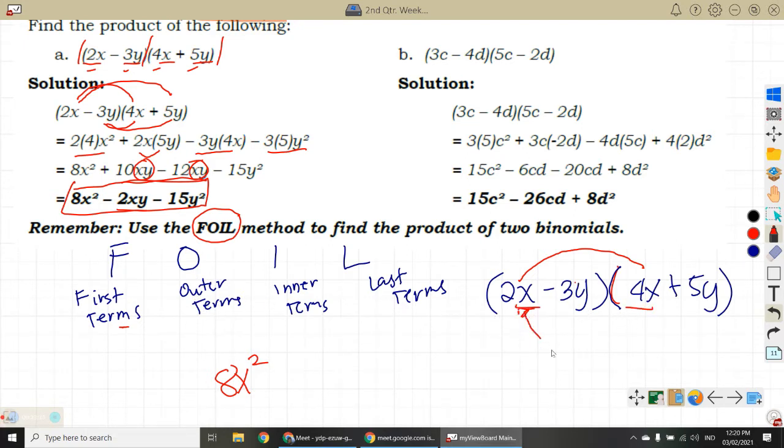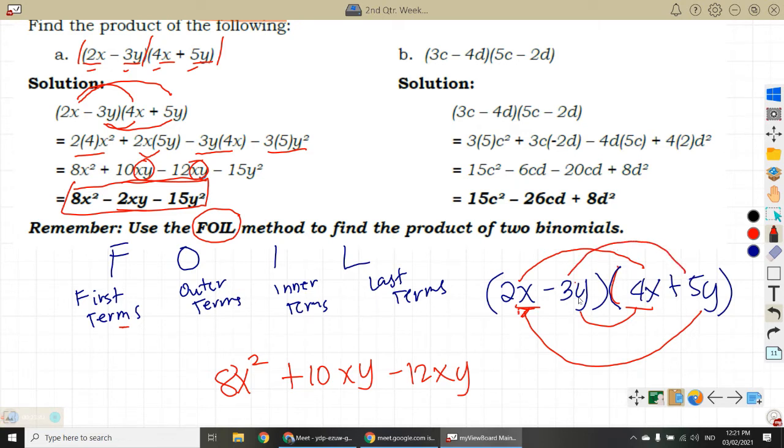Outer, 2x at 5y. So, outer to outer, we have positive 10xy. And then inner terms. Negative 3 times 4x is negative 12xy. And then the last terms, negative 3y times 5y is negative 15y squared.